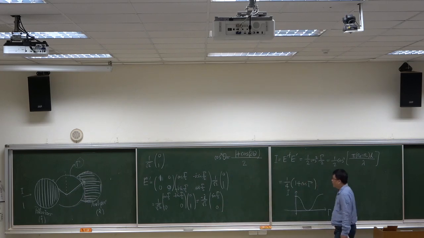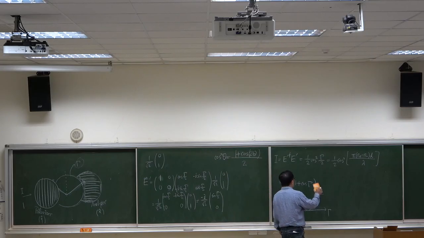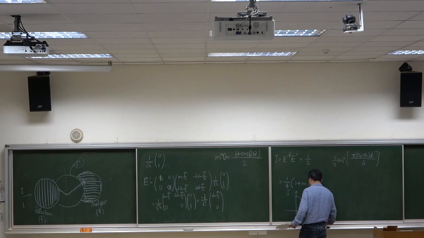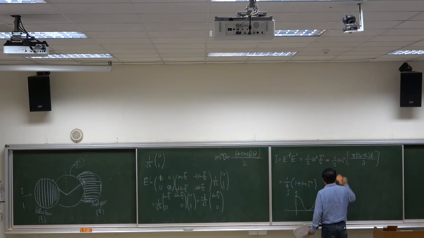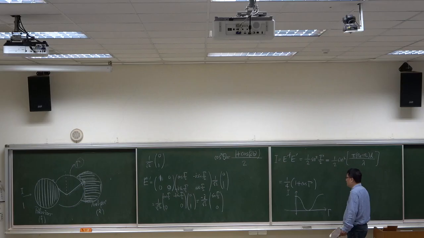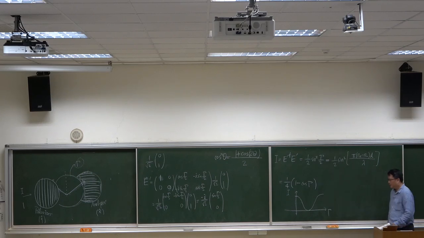Okay, and this gives us one half sine squared half gamma, which is 1/2 sine squared, this one. And the sine squared gives us here a minus sign.